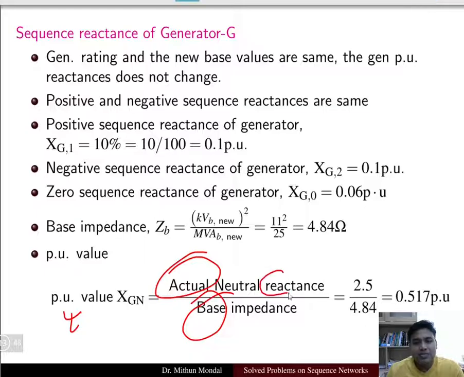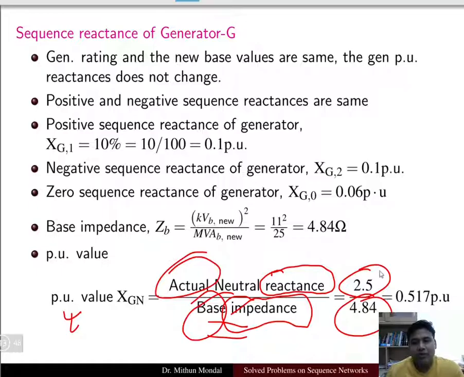This is a reactance in the numerator, but in the denominator you have impedance. Wherever you are trying to find the per unit value of resistance or reactance, the base value will always be the impedance. So in this case 2.5 divided by 4.84, because 2.5 ohms is the actual value of the reactance connected to the grounded star. So it is equal to 0.517 per unit.